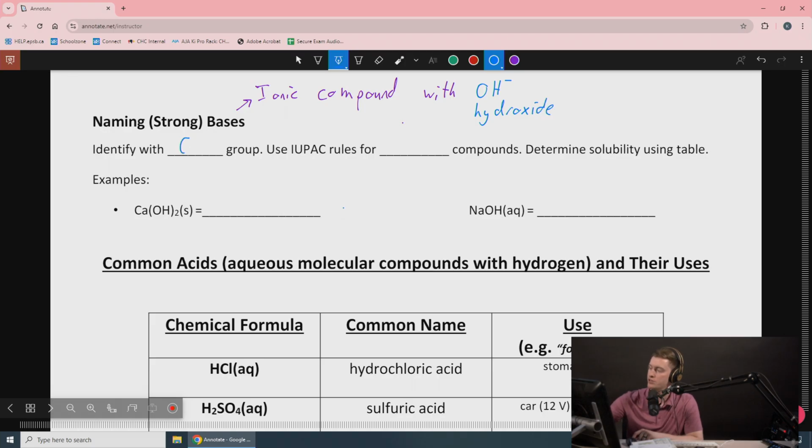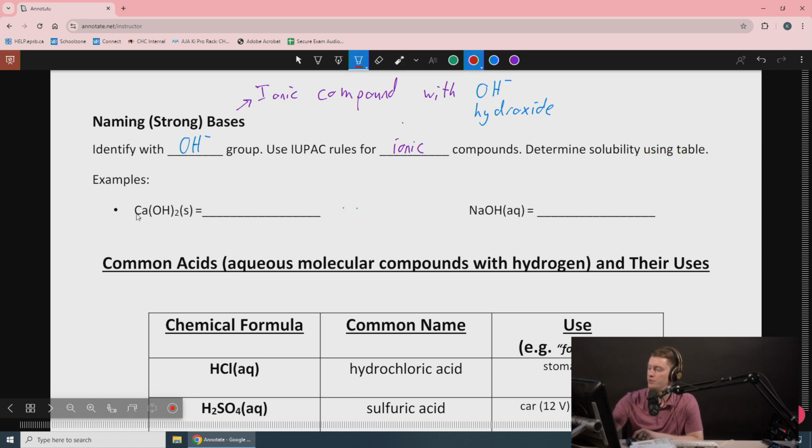You'll identify a strong base because it will have that hydroxide polyatomic ion. You'll name them just by using the IUPAC rules for ionic compounds. So you're going to name the cation first, and then the anion, and then you can determine the solubility using the table like we did in the last lesson.